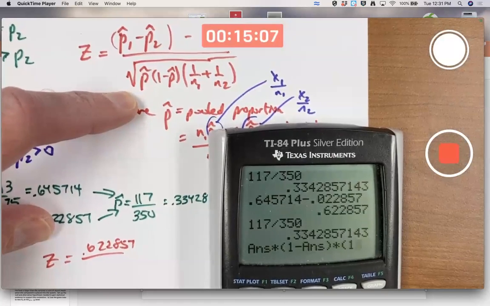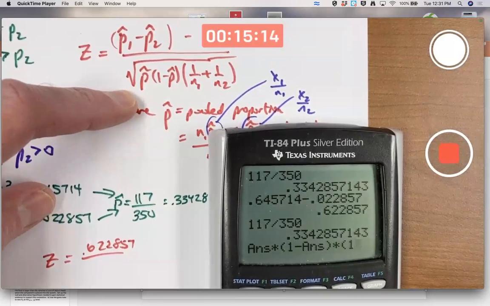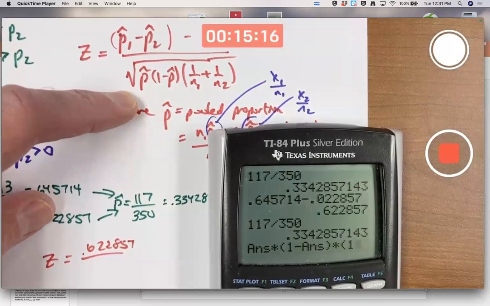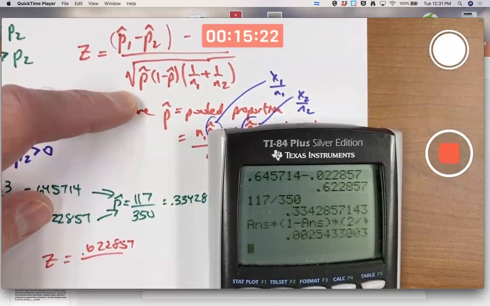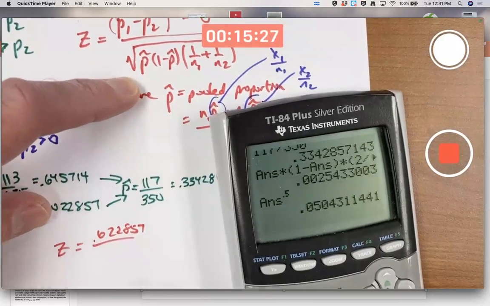Once again, the sample sizes are the same. 1 over 175 plus 1 over 175 is going to be 2 over 175. I'll just do that with one step here. So the thing under the square root is going to be that. Take the square root, gives me this.